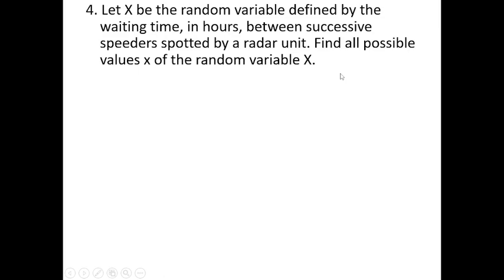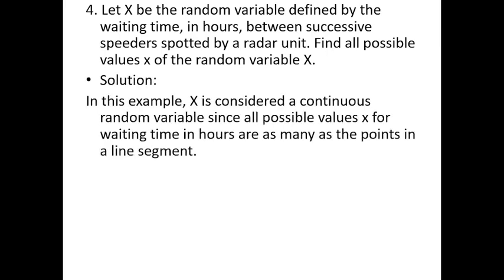Okay, number 4. Let X be the random variable defined by the waiting time in hours between successive speeders spotted by a radar unit. Find all possible values x of the random variable X. So in this example, X is considered a continuous random variable since all possible values x for waiting time in hours are as many as the points in a line segment.